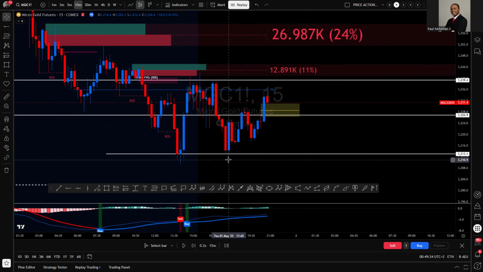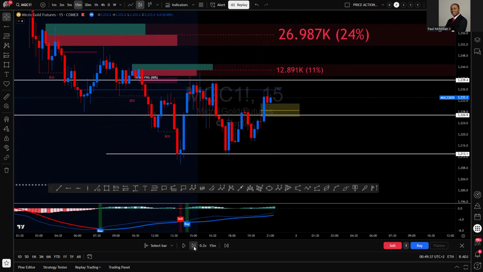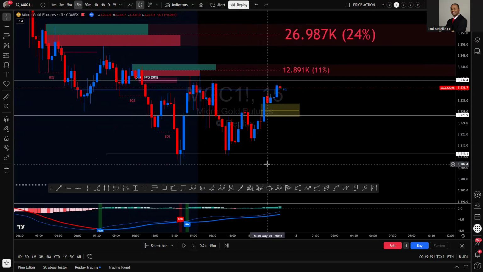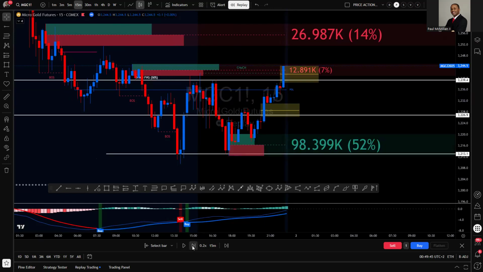But now the question is, is price going to respect this and push on now? It's going to probably have to pass this fair value gap because this is still strong. In this case, we probably, this might have been a good entry here, but it still could be up there.